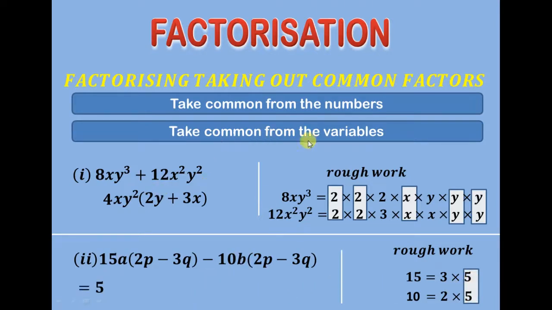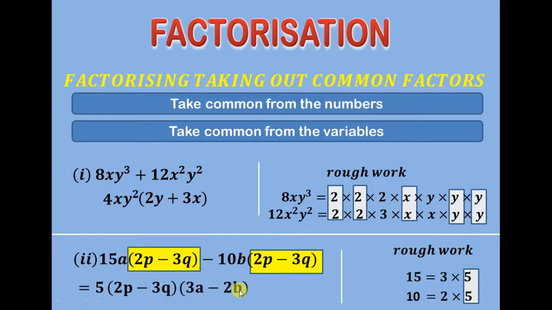Next I need to take a common from the variable. We can see that the common is 2p minus 3q, so it will come out. Here 3a, minus, from 10, 5 is already out, so 2b. So I'll get 3a minus 2b.